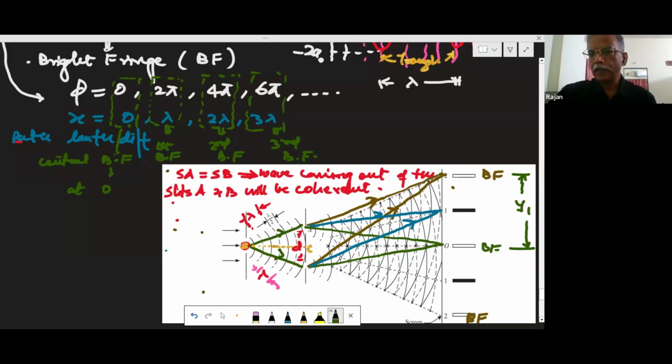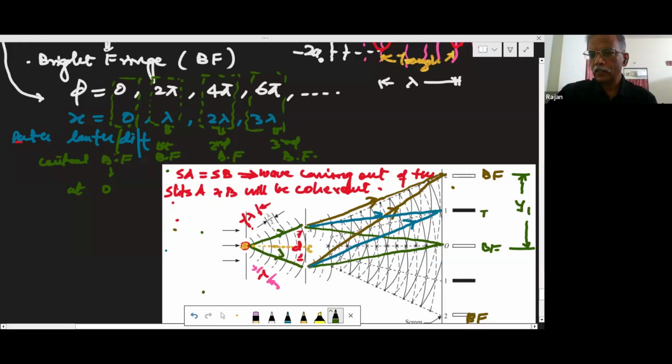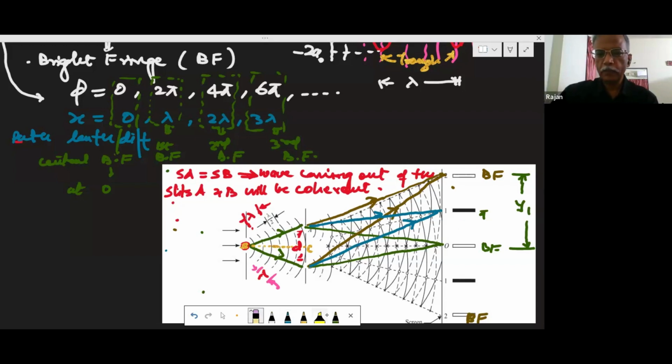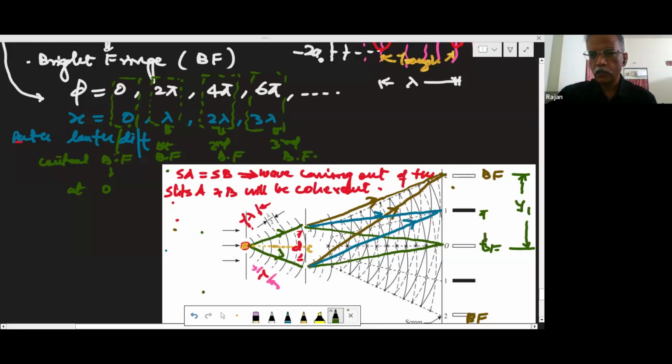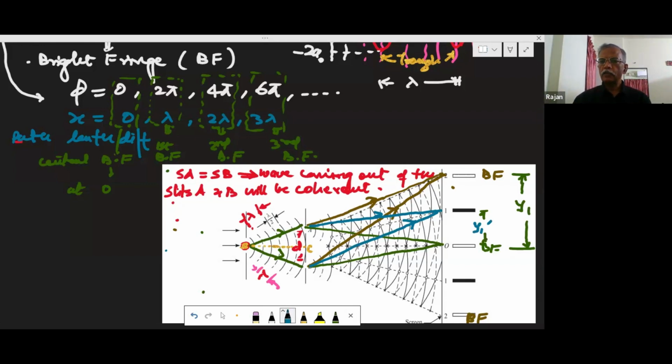Similarly, if I am taking number 1, this is your first dark fringe, and we represent it by y1 dashed, from here to here. For the dark one, y1 dashed. These are the positions of the first bright fringe and the first dark fringe.